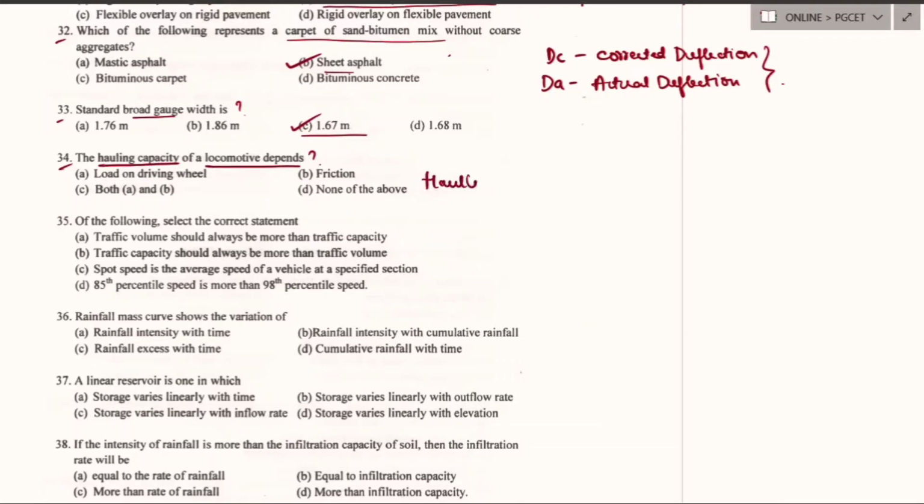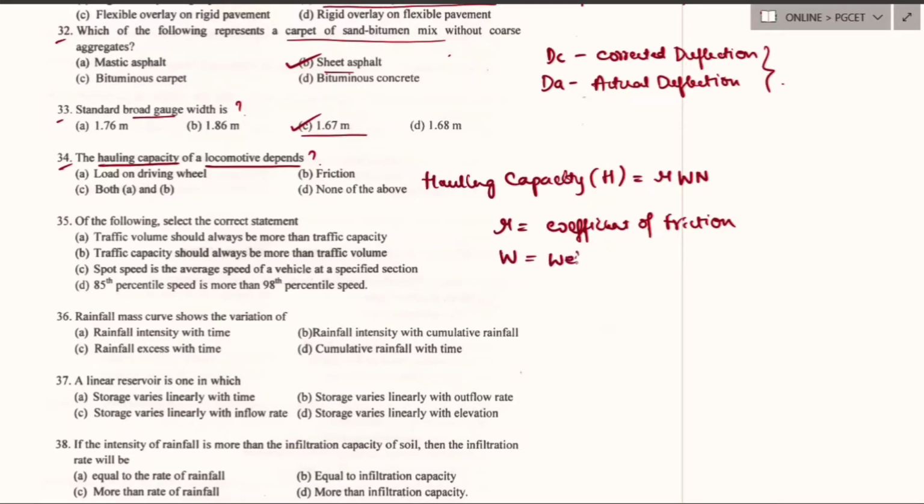Hauling capacity of a locomotive is calculated by mu W n, where mu is the coefficient of friction, W is the weight exerted on driving wheels, and n is the number of pairs of driving wheels.